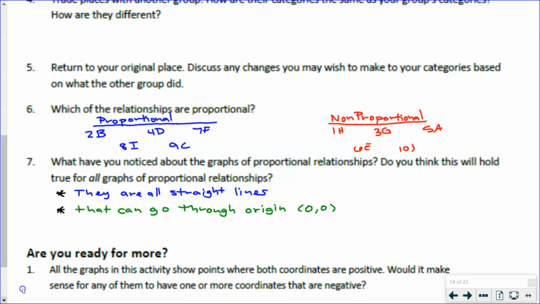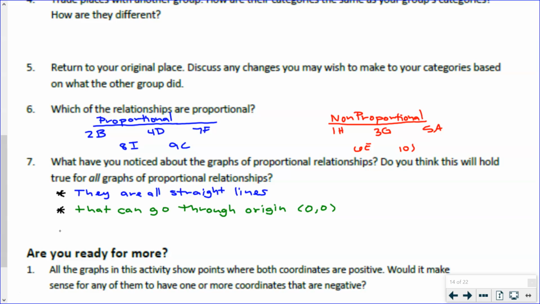Okay. What do you think, Danny? Is it going to hold true for all proportions? Danny, is it going to hold true for all proportions? I gave you lots of discussion time. Turn to talk to your table now.